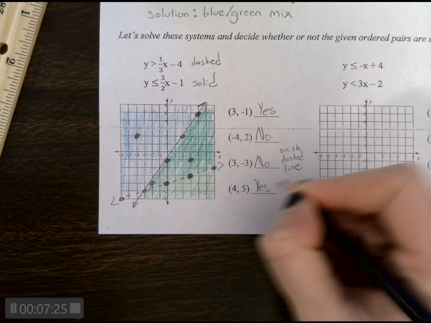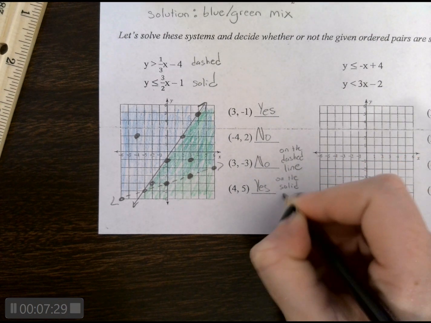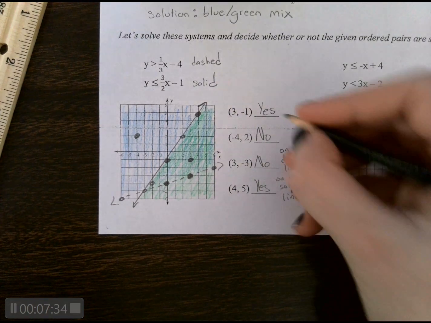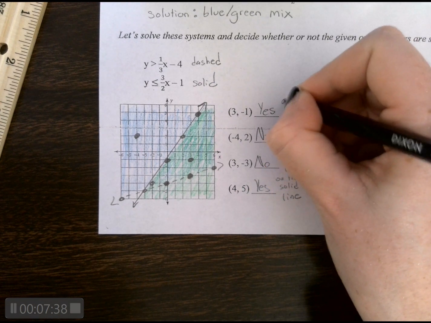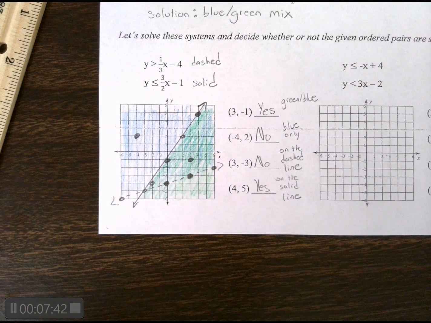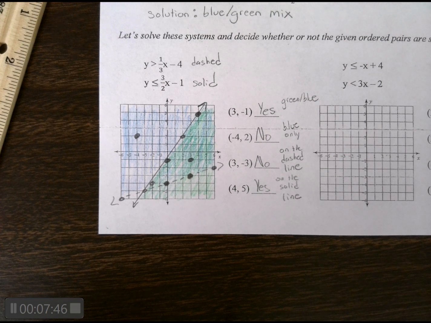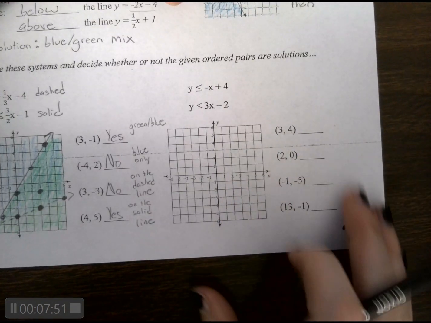Yes, because it's on the solid line. Here, blue only, green/blue. There we go. That way you guys know why each of them were yes and no. Okay? Alrighty, let's take a look at our next example.